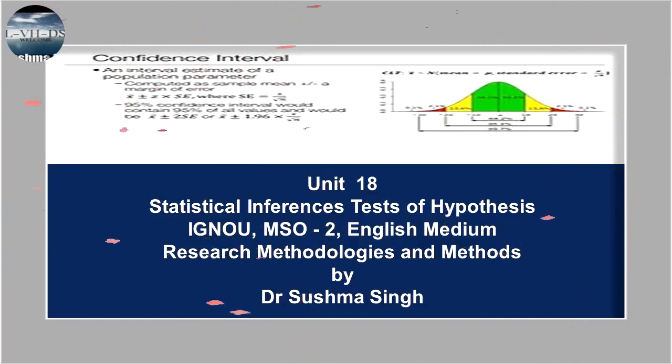Statistical inference takes care of two classes of problems. First, hypothesis testing, and second, estimation.